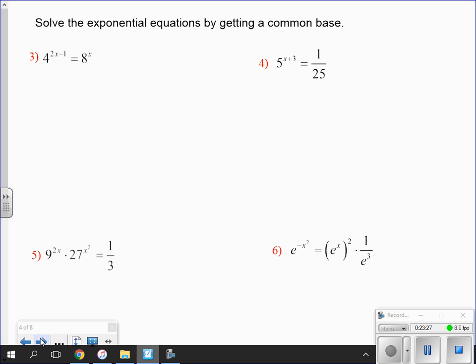First thing you do is look: I've got 4 to some power on one side, 8 to some power on the other side. Is 8 a power of 4? Yes, but it's some goofy fractional power. I don't want to deal with fractions. Can I write 4 and 8 as a power of some common number? 2. Very good.